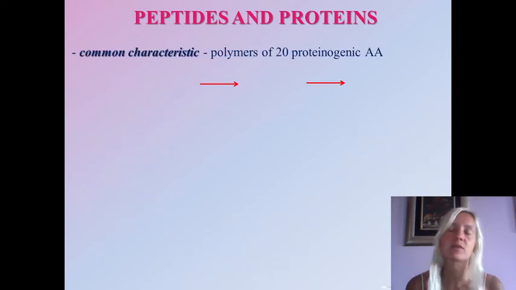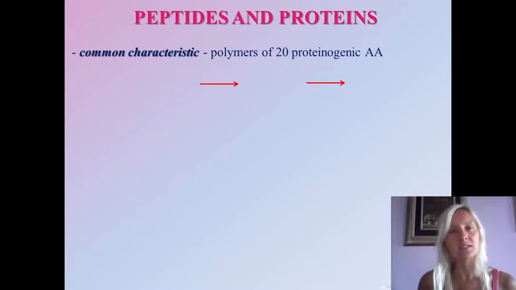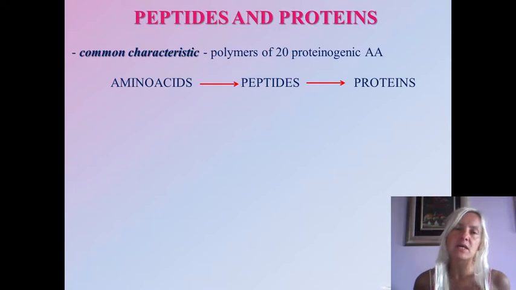But the common characteristic for each and every peptide and protein is that they are polymers of those 20 proteinogenic amino acids that we analyzed in the previous video. When amino acids are polymerized, first we have the formation of smaller units called peptides, and upon further polymerization we get larger molecules which are marked as proteins.